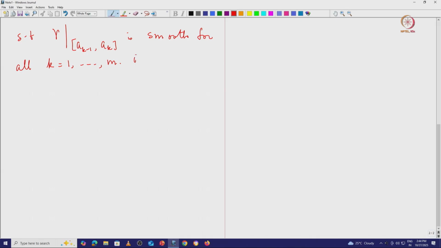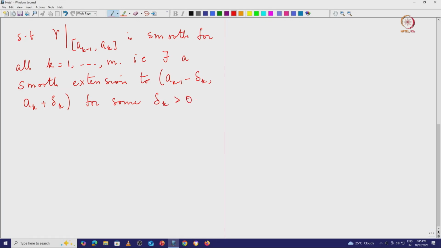Okay. So note that this means that there exists, so what does being smooth on a closed interval mean? That just means that there exists a smooth extension to an open interval containing this compact interval, for some delta k positive.